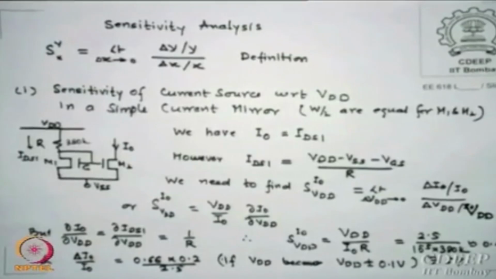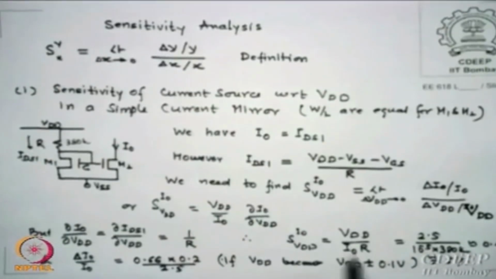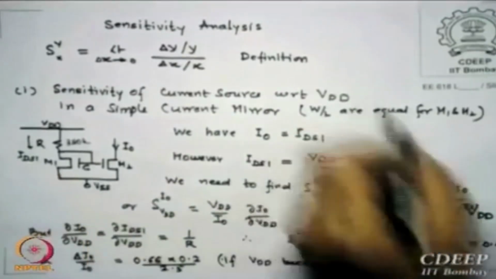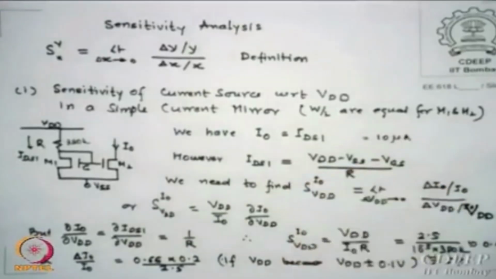But here only VDD I am looking at, VSS I am still keeping constant. So 2.5 upon 10 to the power minus 5 into 380, I0 is let us say 10 microamp current. The assumption is I0 in our example is 10 microamp, that is what we solved in the problem. So this is what it is.